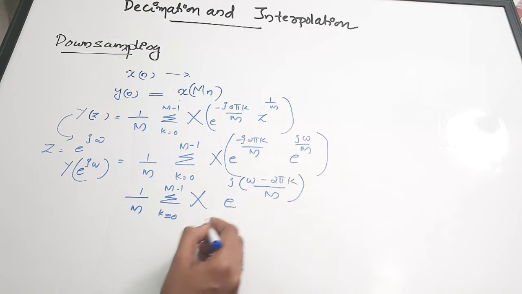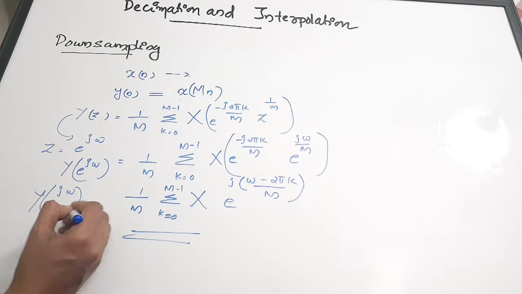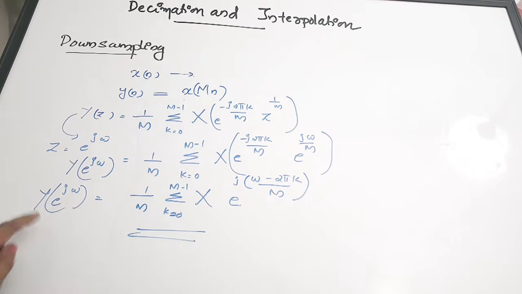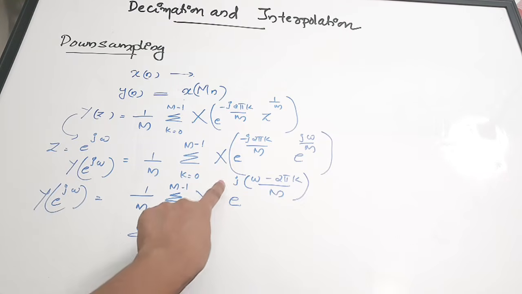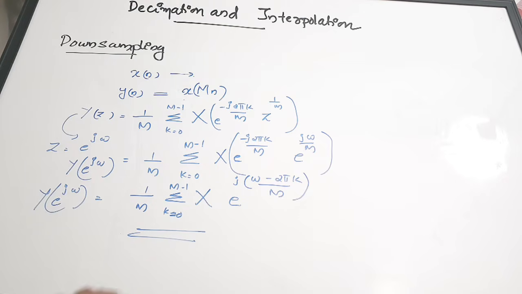So this will be the frequency response for your downsampled signal. That is, y of e raised to j omega equal to 1 by m sigma k equal to 0 to m minus 1 x of e raised to j omega minus 2 pi k by capital M will be the frequency response for your downsampled signal. Okay, so that's all about downsampling and decimation.